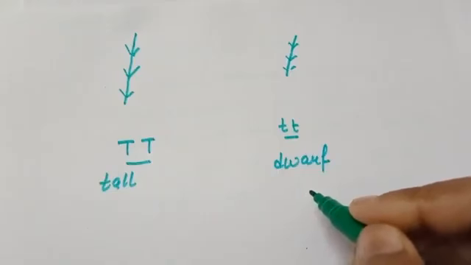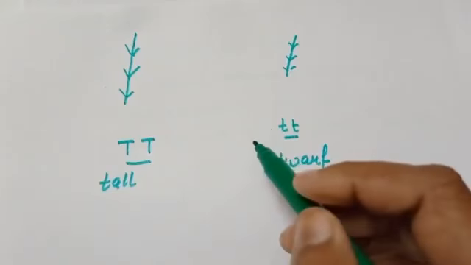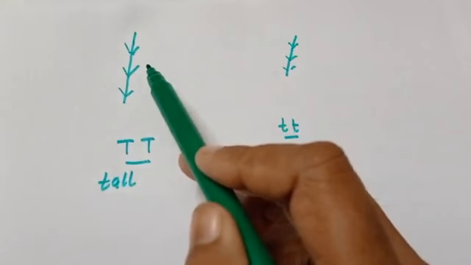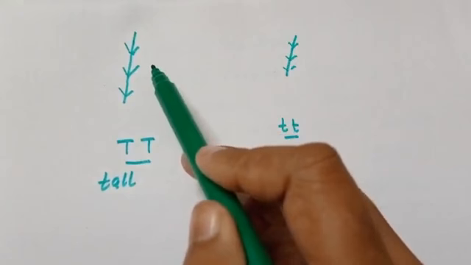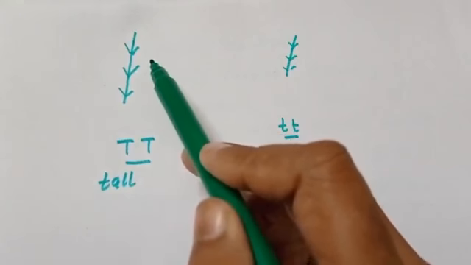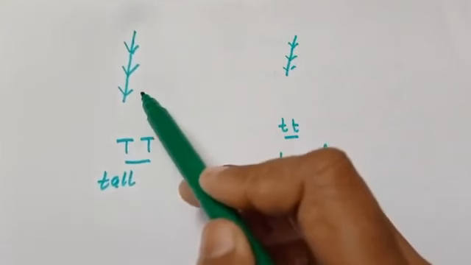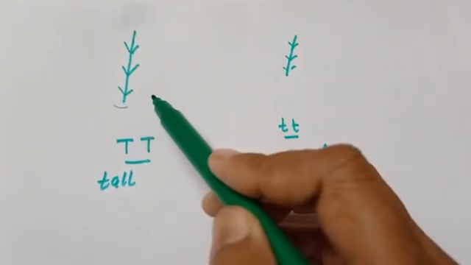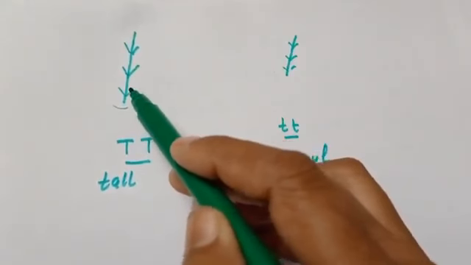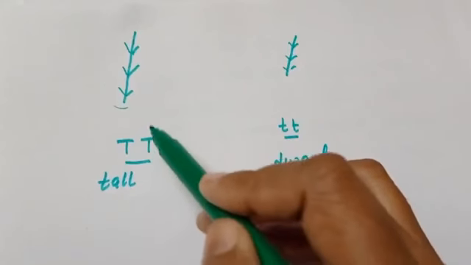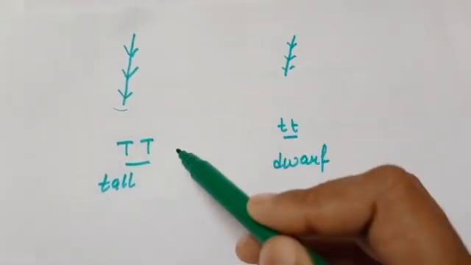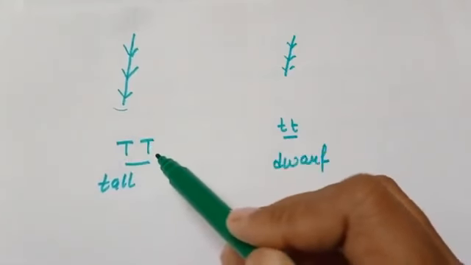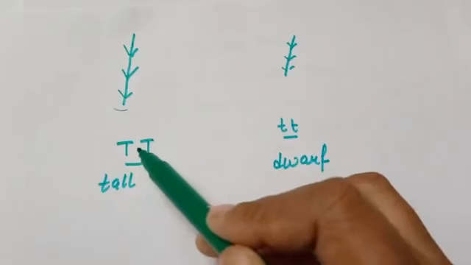According to him, tall plants on self-fertilization produce tall progeny. That means when tall plants were self-crossed, or crossed with a plant of the same genotype, they will always produce true-breeding tall plants.